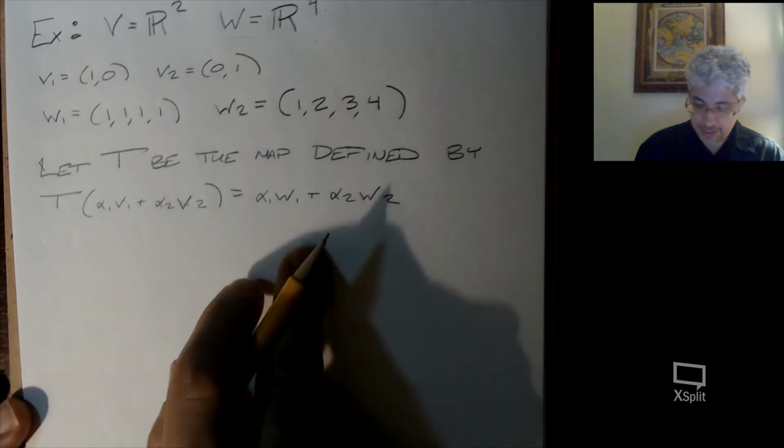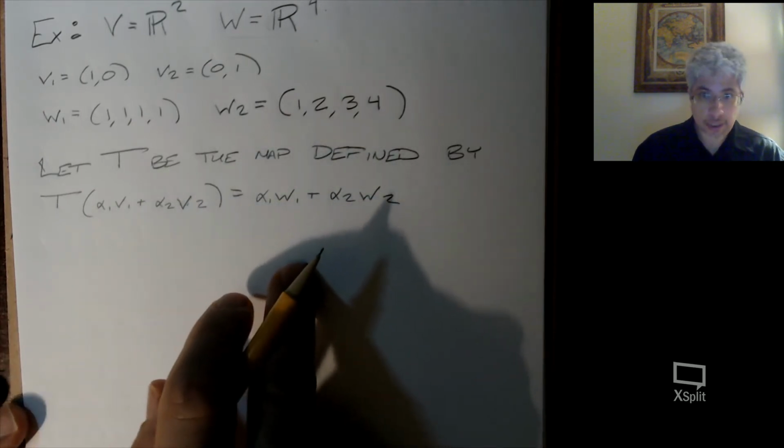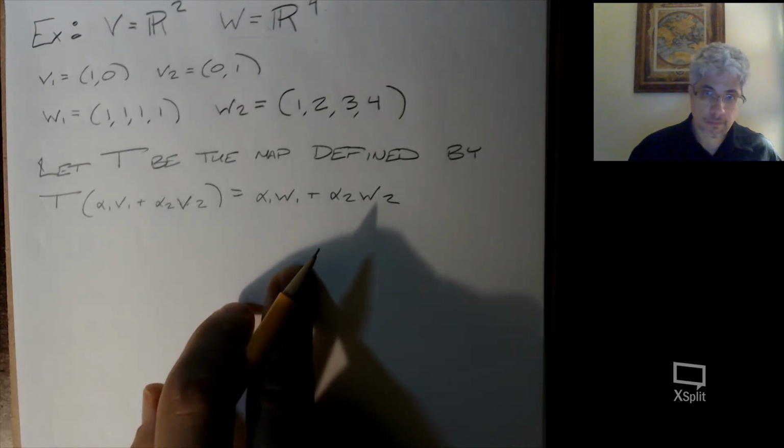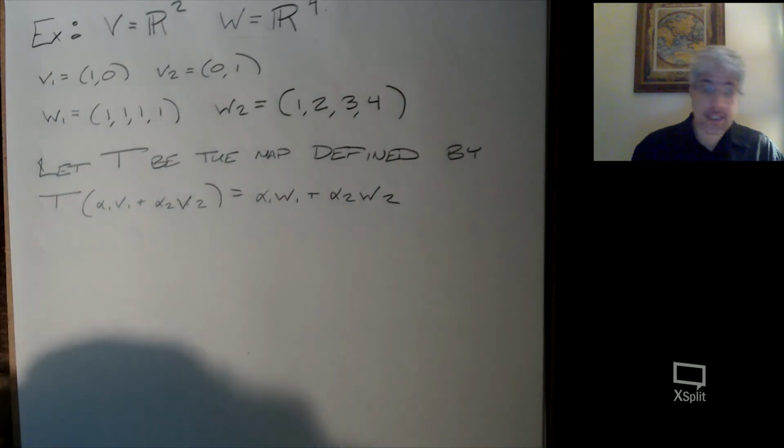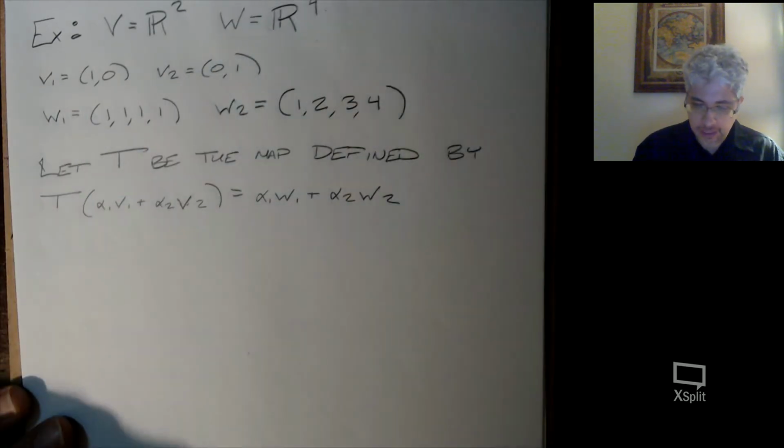Okay, so what does this mean? What are we doing here? I want to show you that this is a map that's defined on all of V and give an example of how we can figure out where things go.